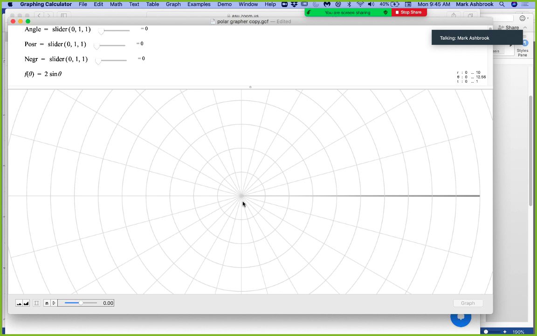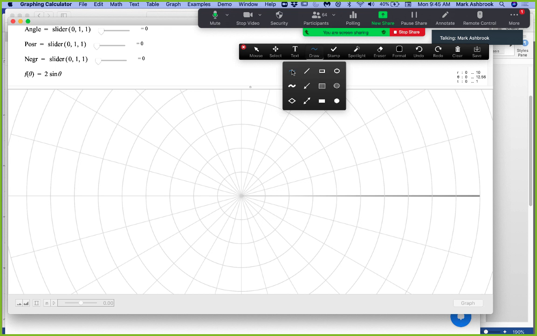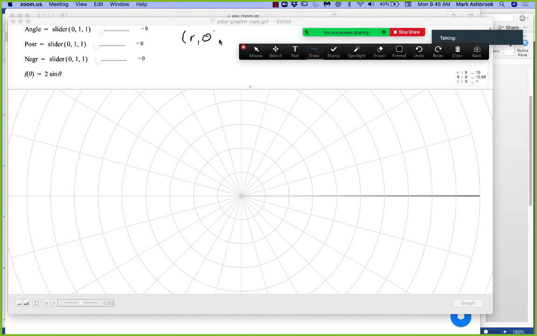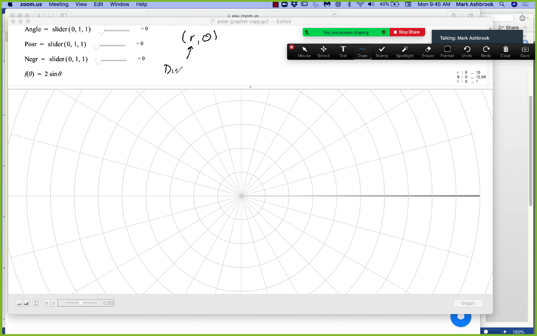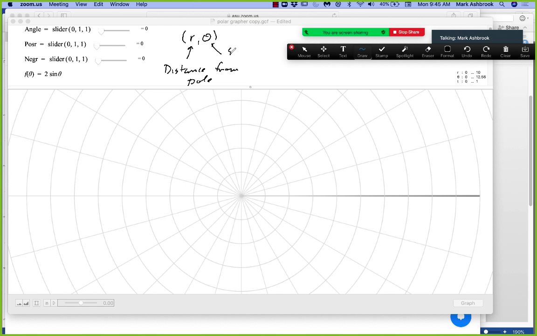And so how it works is there's 2 coordinates, and we write coordinate pairs as r, theta. And r is the distance from the pole. Theta is the standard trig angle.